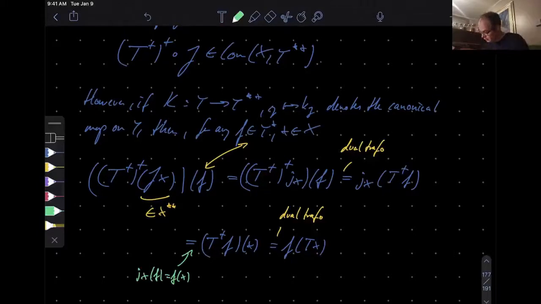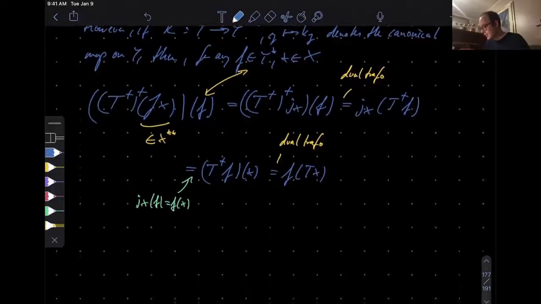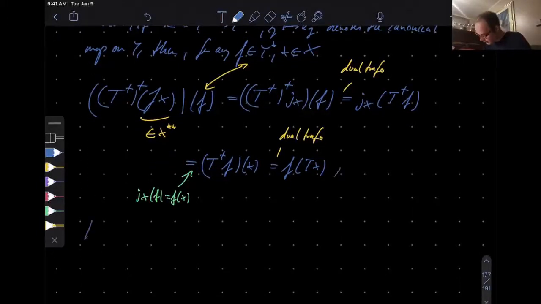All right, good. Now, this is one half of the picture. Likewise, if you do this now with the capital K thing, so capital K is the canonical map on the Y space. So it takes an element Tx, which is in Y, and it sends it to an element in the bidual of Y. So this thing knows how to act on, again, a linear functional on Y. Okay, so this is well defined.